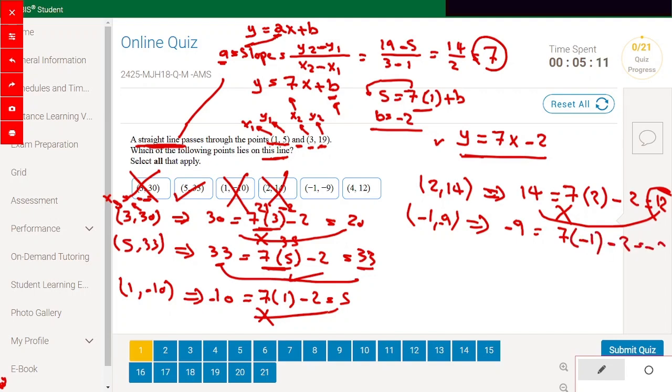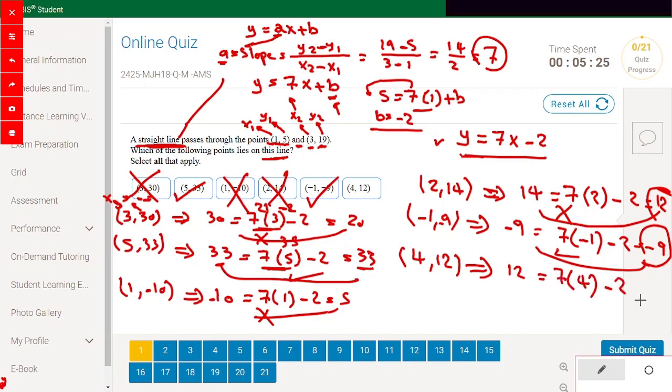It will be equal to minus 9. So this is the right answer. So this is the right point. And finally (4, 12). So the equation will be 12 equals 7 multiplied by 4 minus 2. So 7 multiplied by 4 is 28, minus 2 is 26. So this is not the right answer.